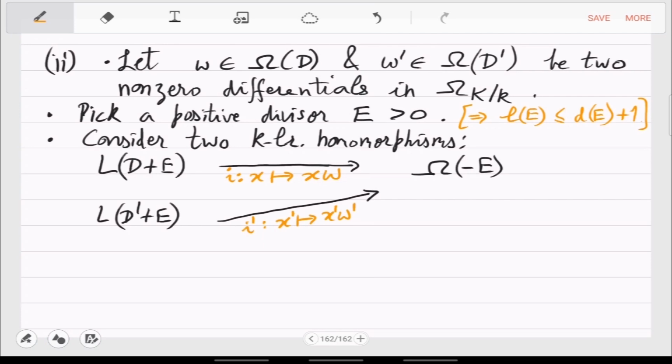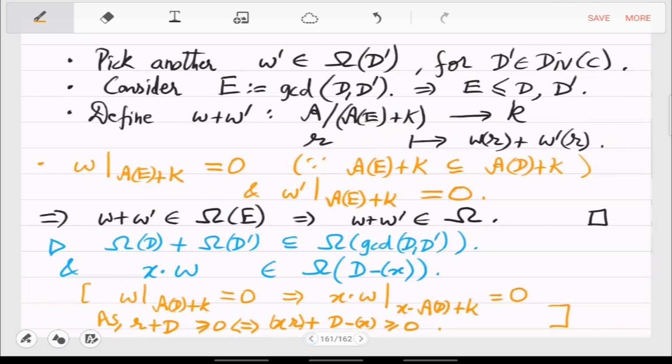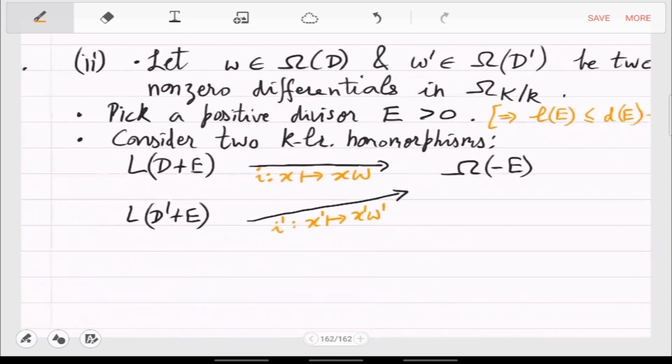Let's check whether this makes sense. If I take an x in L of D plus E and multiply by omega, which was in omega D, what happens? Where do you end up? X omega is a new differential. The previous thing we had was D minus x, right? When you multiply by x, you get to D minus x, omega D minus x.